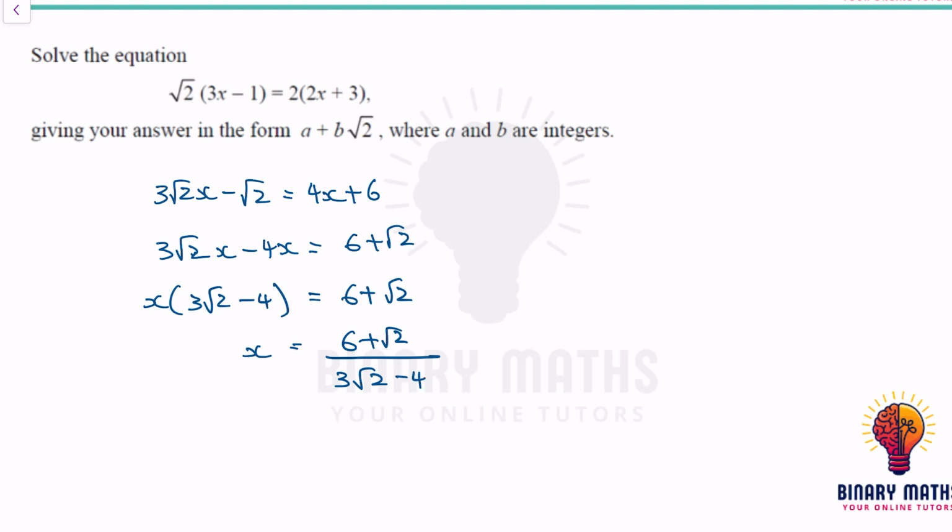So again, when we get a value like this, we need to rationalize the denominator, which means I need to multiply the top and bottom by 3 root 2 plus 4. It's the same values as the denominator, but with the opposite sign.